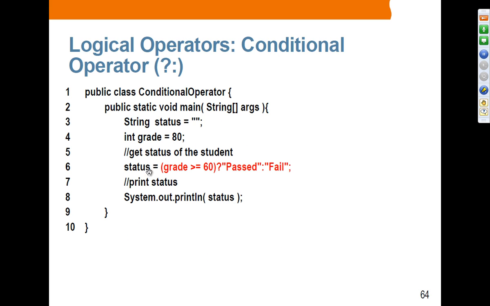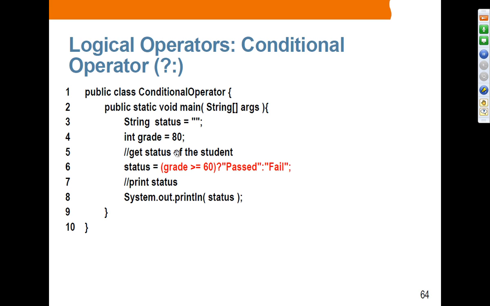Here, we want to return the status as pass or fail, right? So what we can do is see whether the value of grade, which is set to 80, is greater than or equal to 60, and obviously it is, so it will return passed.